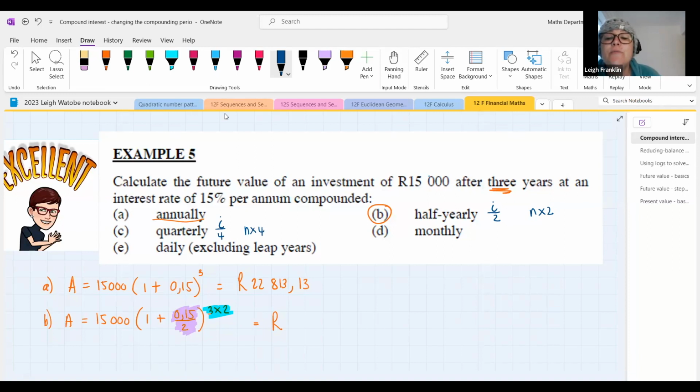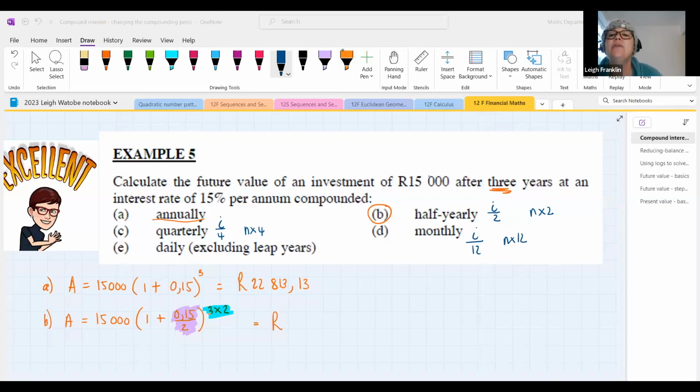In the case of monthly, you are dividing I by, what do you think? What do you think you're dividing I by in the case of monthly? That's it, beautiful, by 12. Well done, everybody. So that means that we have to multiply N by 12 as well.